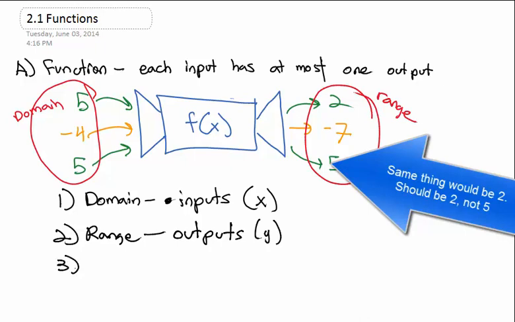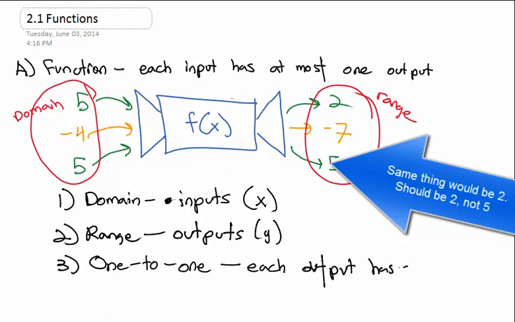And then a special type of function is called a one-to-one function. That simply means that each output has at most one input.